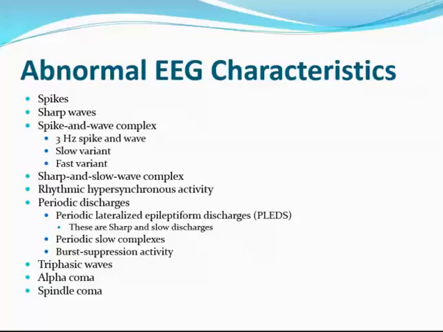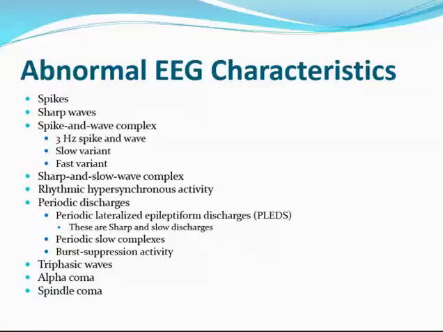And when there's abnormality, there are certain characteristics that you see: spikes, sharp waves, spike-and-wave complex, like 3 Hz spike-and-wave, slow variant, fast variant.